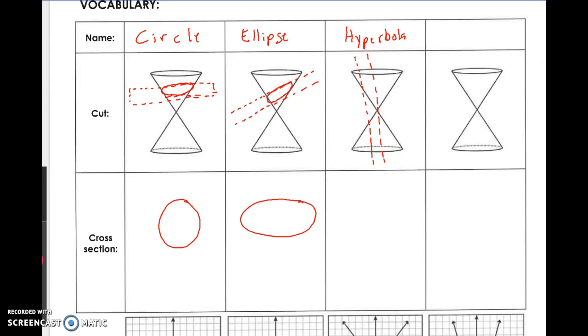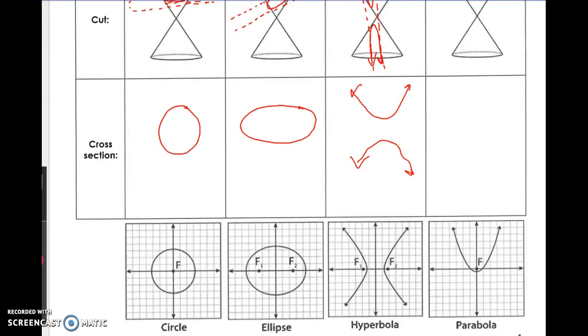You'll end up with a shape that looks something like this in the cross sections. And it looks a heck of a lot better in the interactive demo you should have seen in the previous video. So in general, you get shapes that kind of look like this and like this, or they could be rotated too.